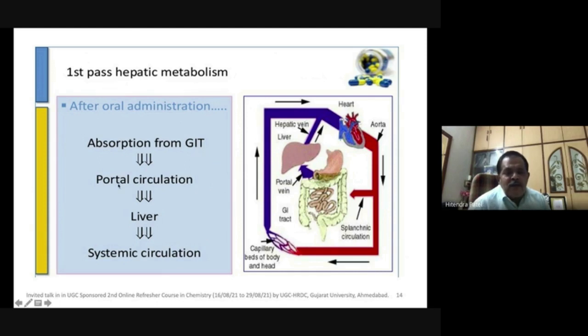It circulates towards the portal circulation, and then it goes to the liver, and then systemic circulation takes place.